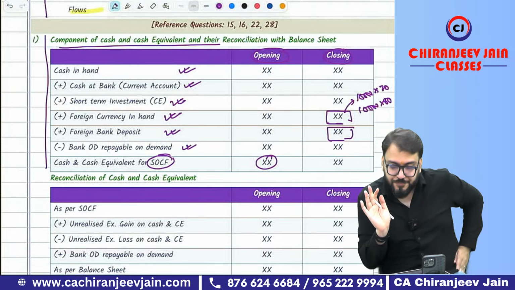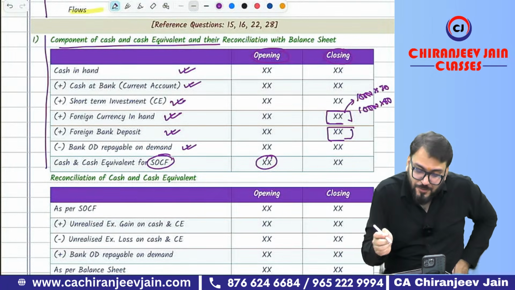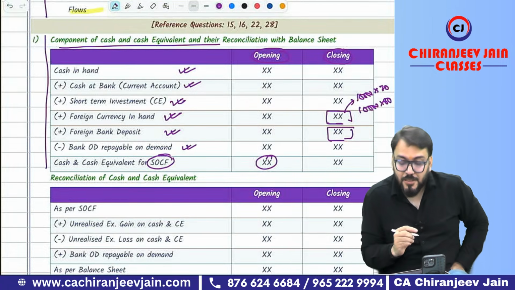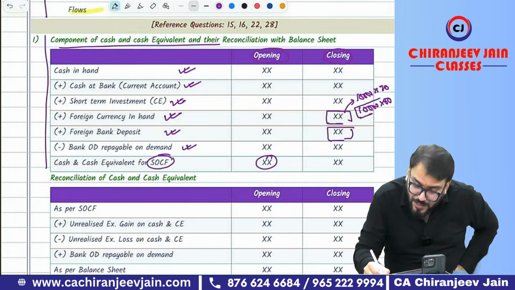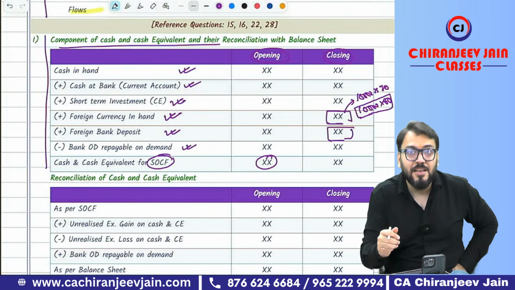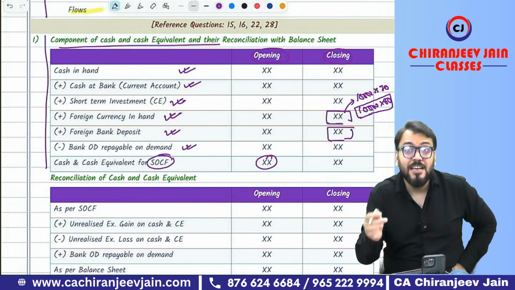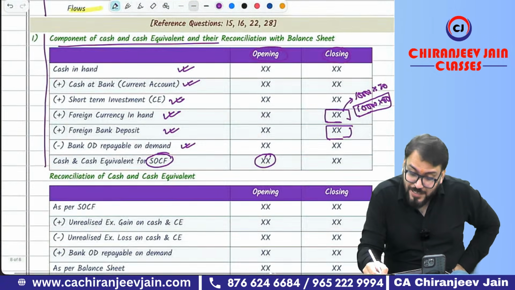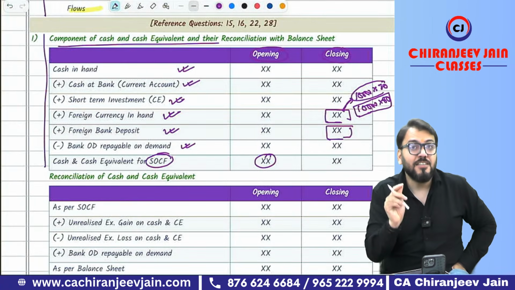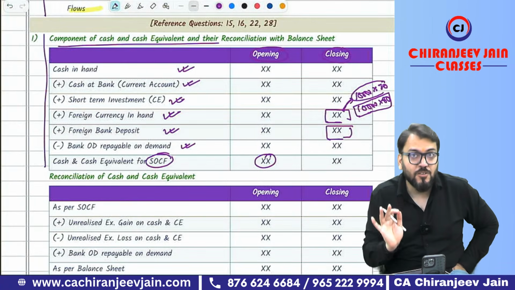In balance sheet 10,000 into 80 will come, but in cash flow statement 10,000 into 70 will come, because you will eliminate any unrealized exchange gain. So in cash flow statement, it will record at transaction date exchange rate, 10,000 into 70.